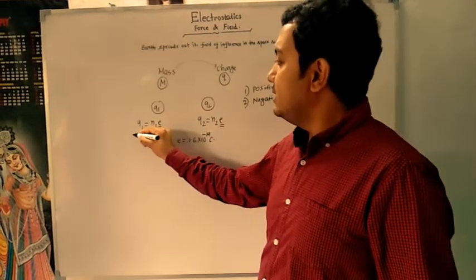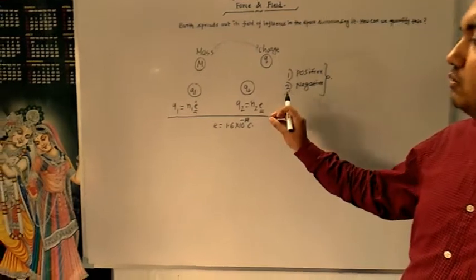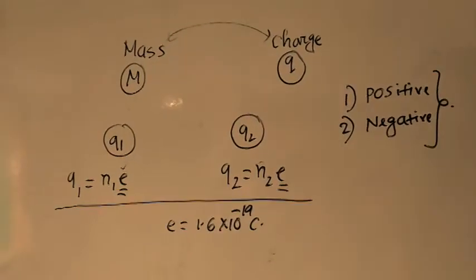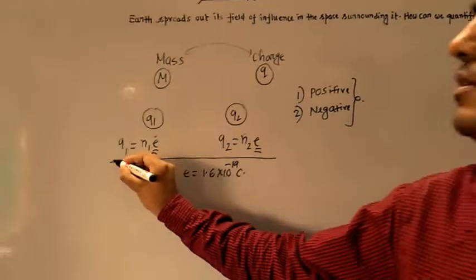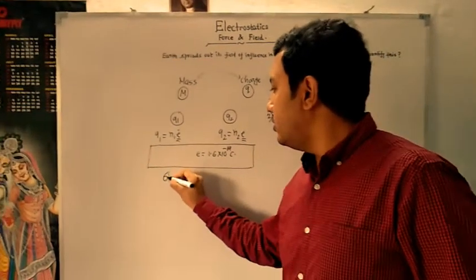So any charge in nature can be expressed in terms of a basic unit, and the basic unit is nothing but the electronic charge. This principle is called quantization of charge.